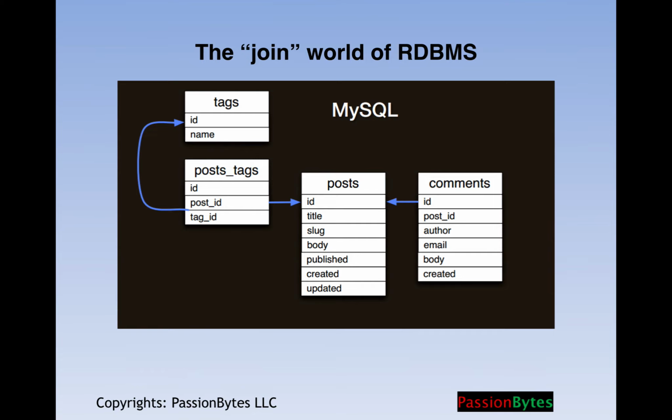A stands for availability, and P stands for partition tolerance. Consistency, availability, and partition tolerance. What does this CAP theorem say? Let me explain what these words mean.